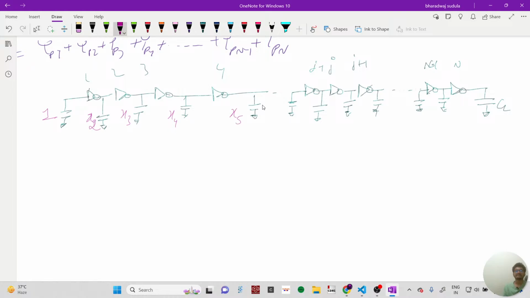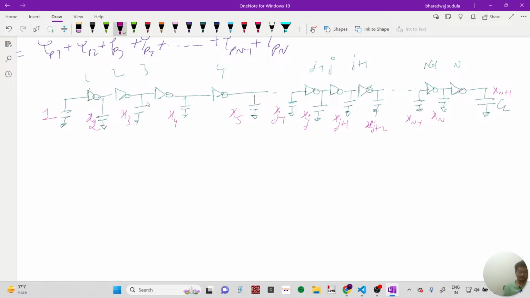So this is x5, and this is xj minus 1, this will be xj, this will be xj plus 1, and this will be xj plus 2. This is xn minus 1, xn, and xn plus 1, which is the load cap CL.